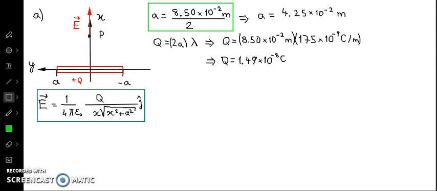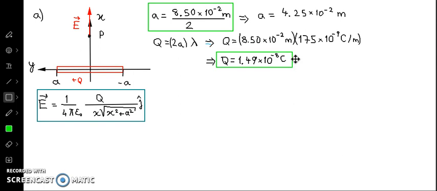And then I calculate the total charge on the wire, which is lambda times the length of the wire, lambda being the linear charge density, which is given in the problem. So that's 2a times lambda. I'm multiplying the 2, and here I'm getting the total charge on the wire, capital Q.